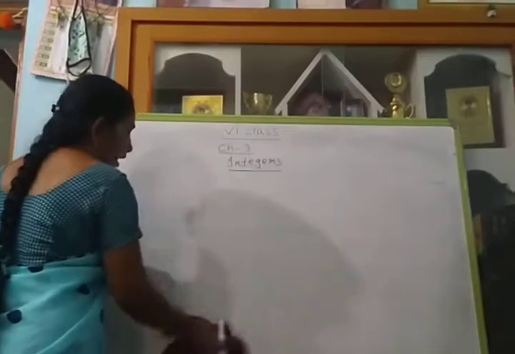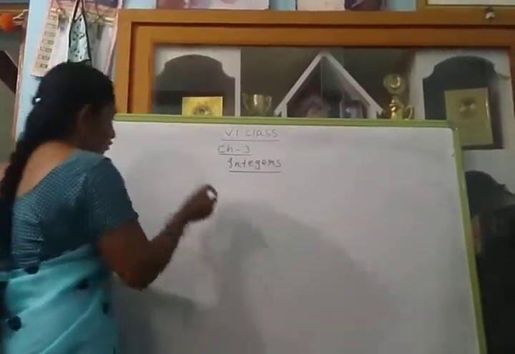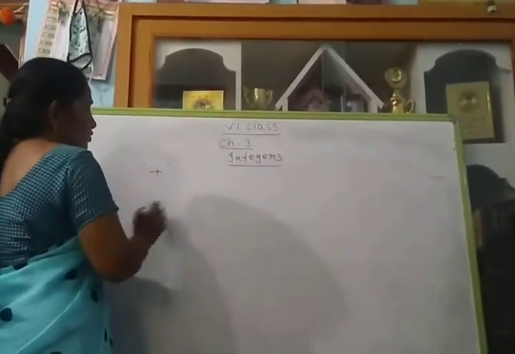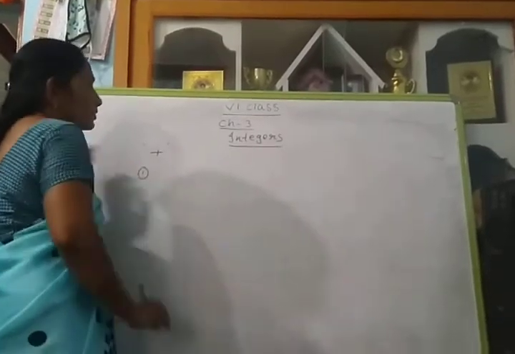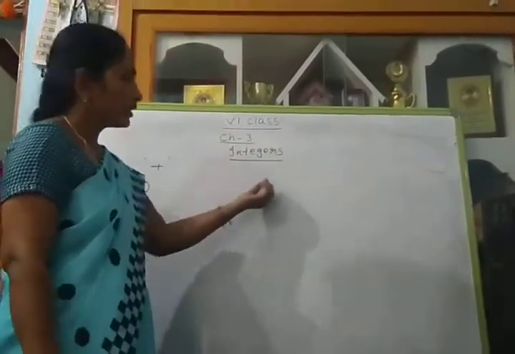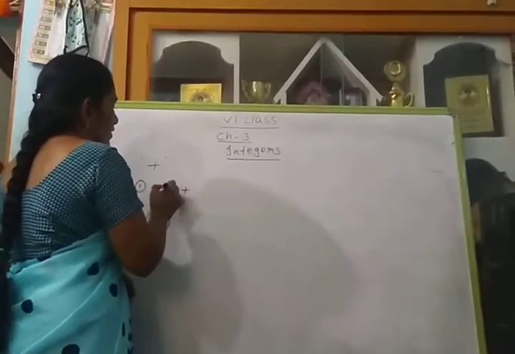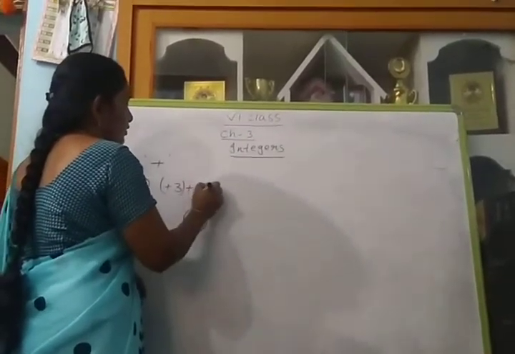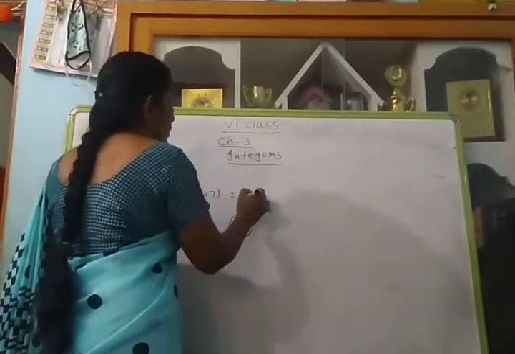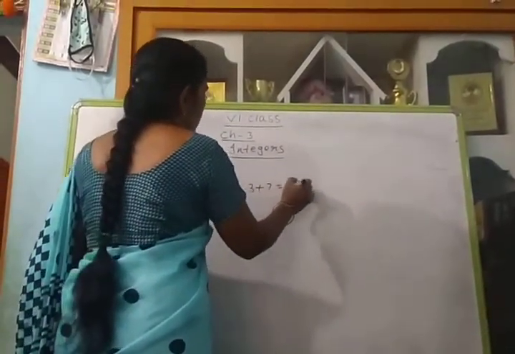Next, addition of integers. How will we do addition? Methods are there. The sum of two positive integers is always a positive integer. We do not write the plus sign. So 3 plus 7, how much? 10.